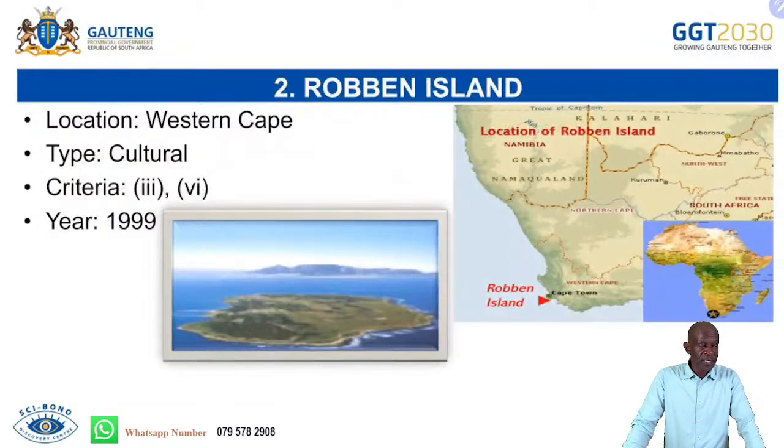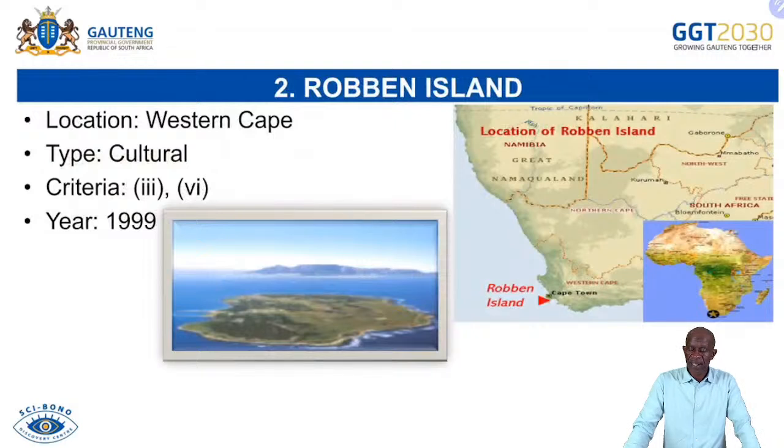Right, as we move on, the next one is Robben Island. Its location is the Western Cape province, and the type is cultural, and the criteria were criteria number 3 as well as criteria number 6. The year of inscription, the year in which it was declared a World Heritage Site, is similar to that of Isimangaliso Wetland Park.